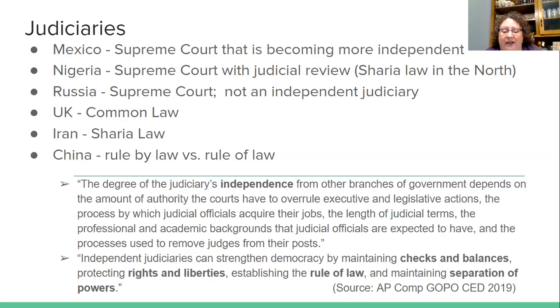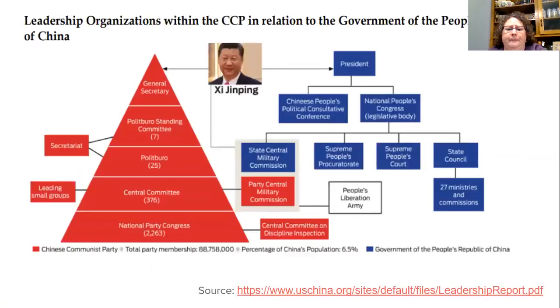Their job is to protect our civil rights and our civil liberties and ensure that rule of law is happening, okay? That's an important idea, how important independent judiciaries are.